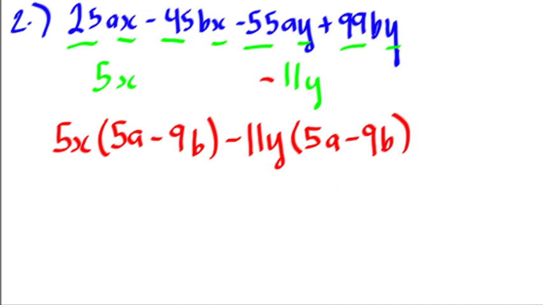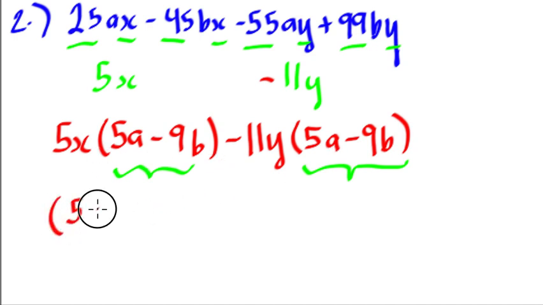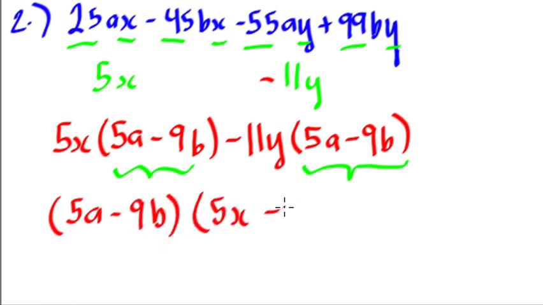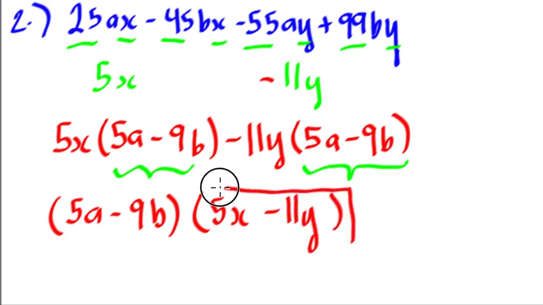We can see that both have the same grouping, 5a minus 9b. So we take this group out: 5a minus 9b times the quantity of 5x minus 11y. That's our answer for number 2.